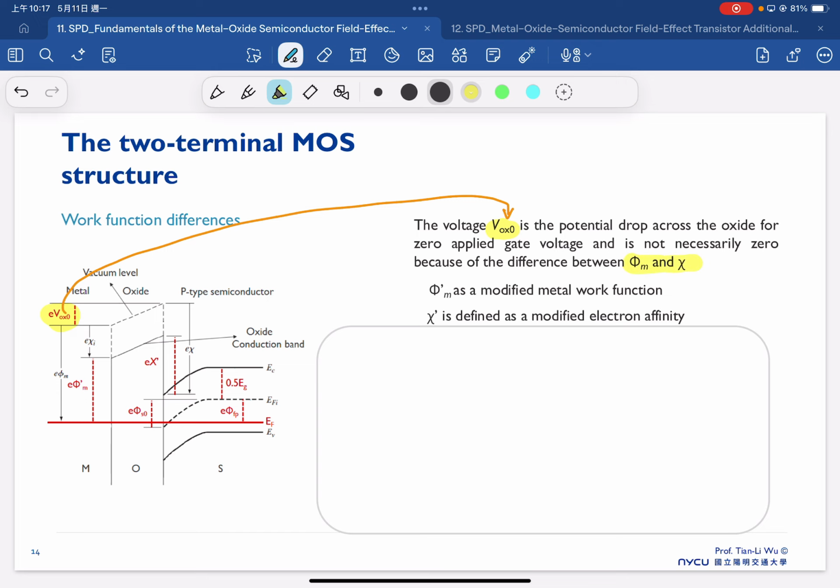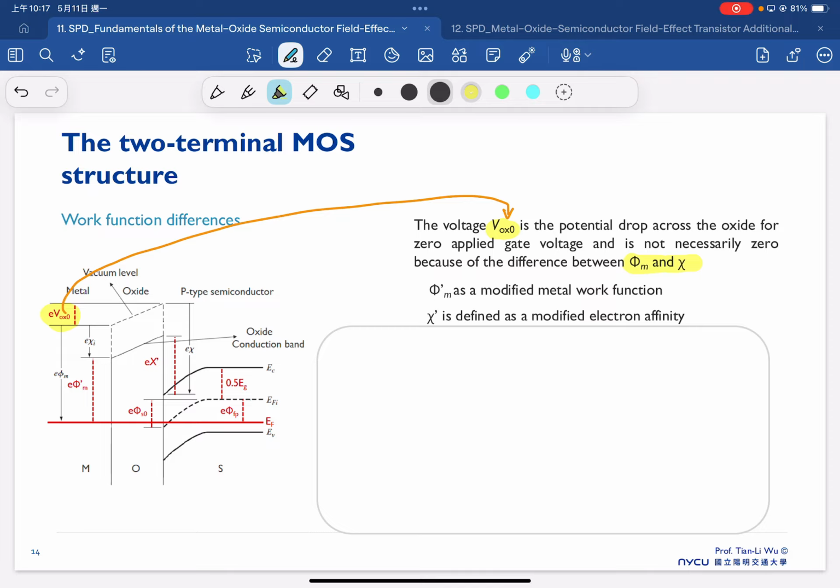Because our metal work function and semiconductor work function will not be the same, in the end you will have this voltage drop VOX0 here, which cannot be avoided because we have a different phi m and the electron affinity or semiconductor work function.